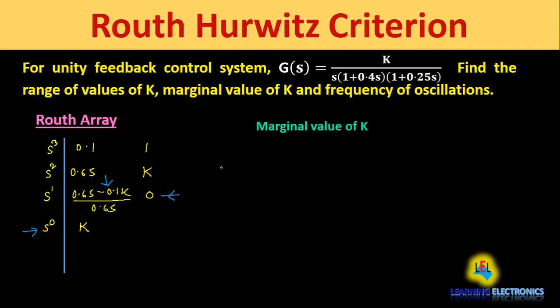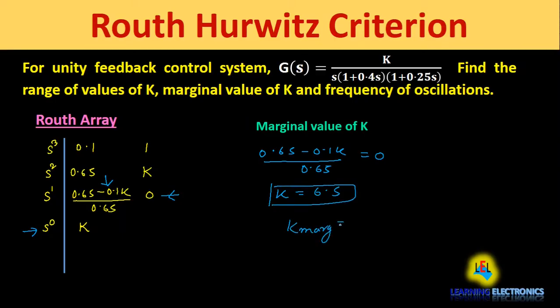Then only the system will be marginally stable. So to find out the marginal value of k, we have to keep (0.65 minus 0.1k) divided by 0.65 equal to 0. We will get k equal to 6.5. So this is our marginal value of k, which is equal to 6.5.